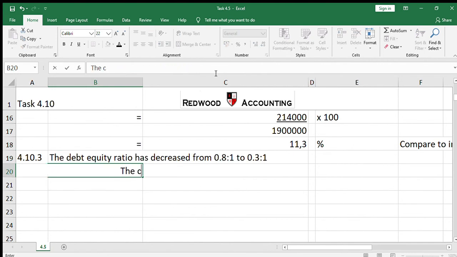The company is lowly geared, as the loan has been repaid during the year.